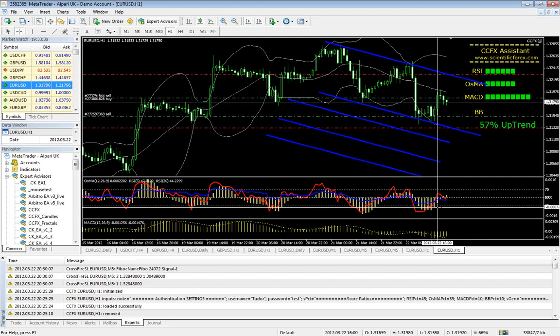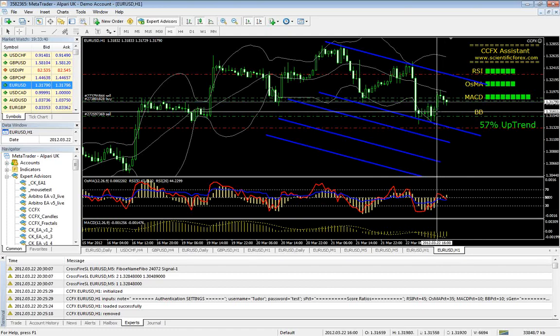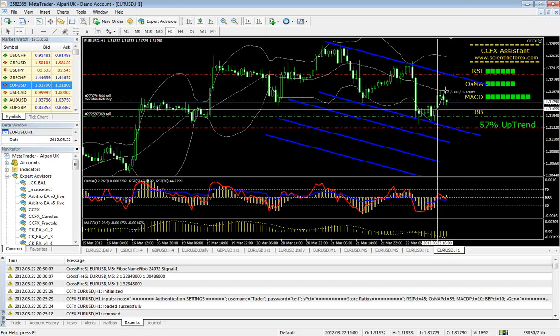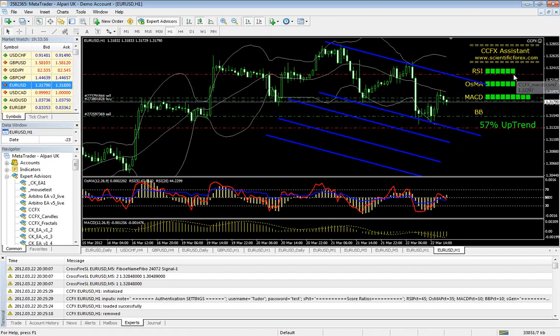But they have been in here. So since CCFX is keeping in mind the last cross and the last low point, we basically still have like an uptrend. But since it already got out of the uptrend, we still have these bars in here. So this is why you need to double check the signals before entering them.